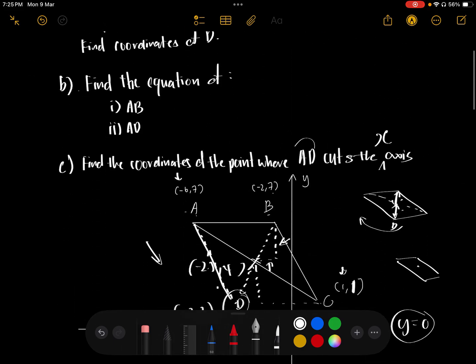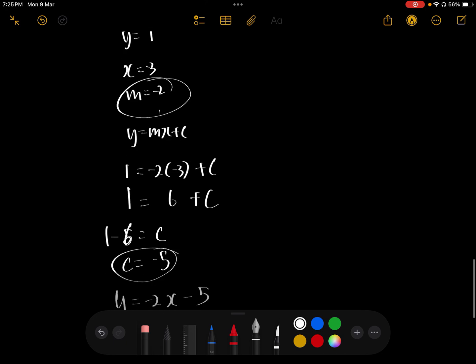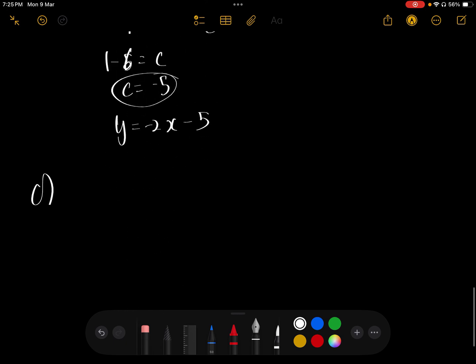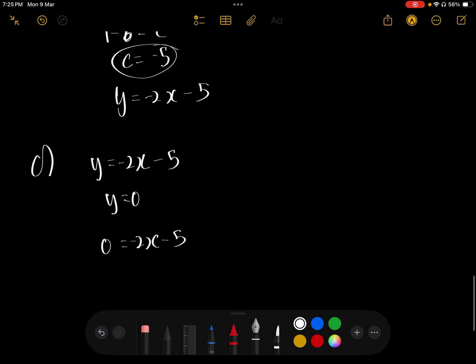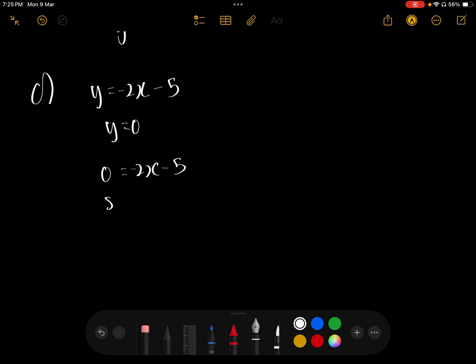Again, we employ the equation we found just now. Our equation just now was y equals negative 2x minus 5. You want to see where it cuts the x-axis? Y equals to 0. So 0 equals to negative 2x minus 5. Okay, 5 equals to negative 2x. X equals to negative 5 over 2.